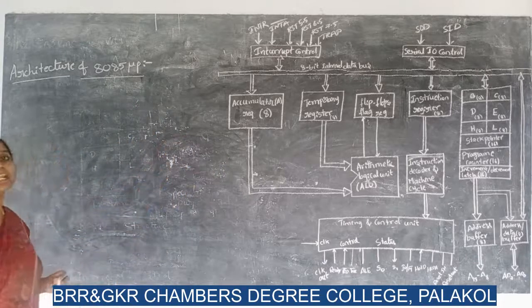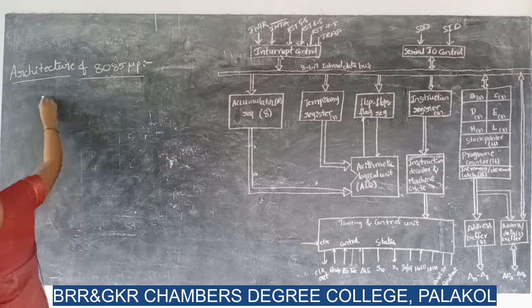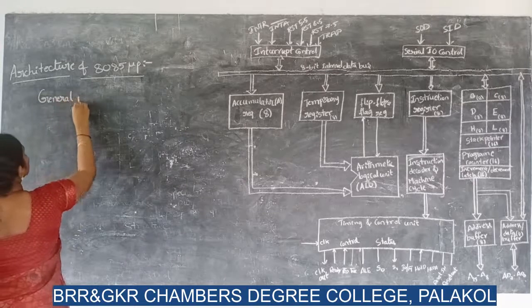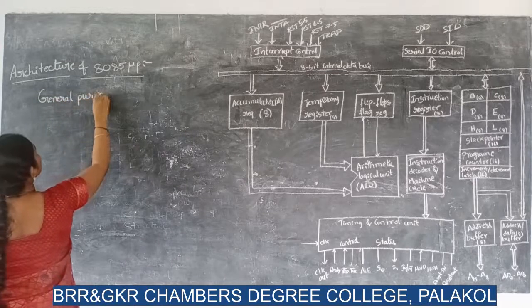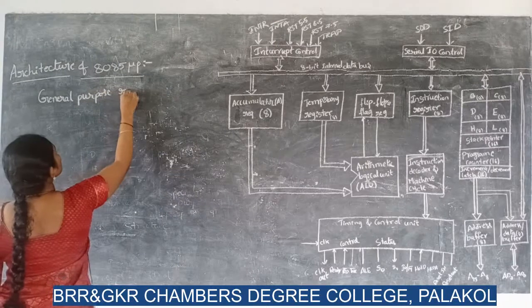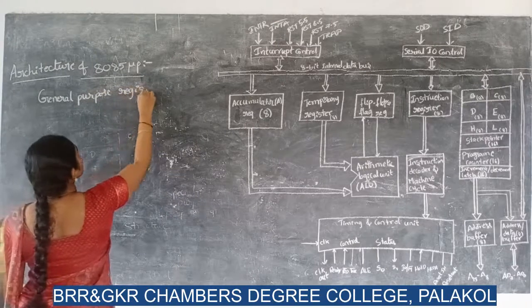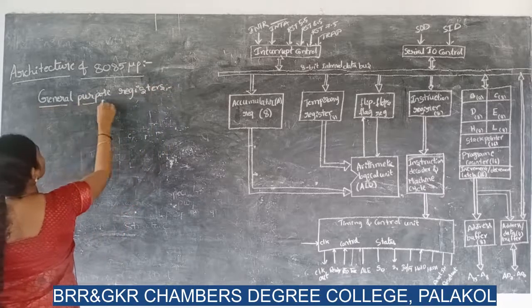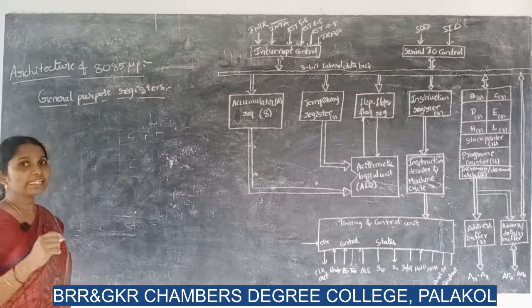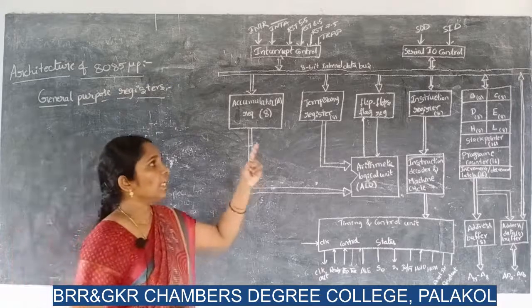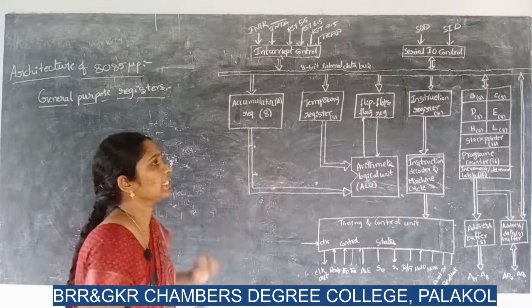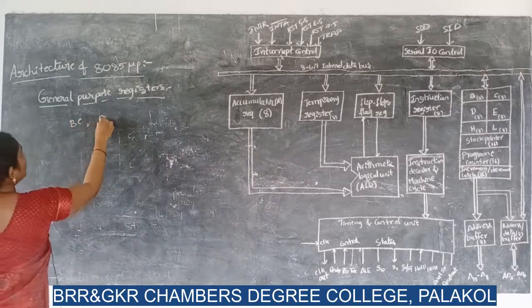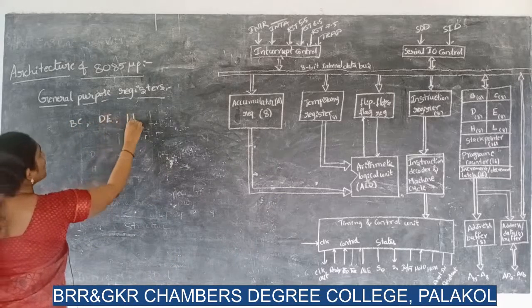The general purpose registers are BC, DE and HL.